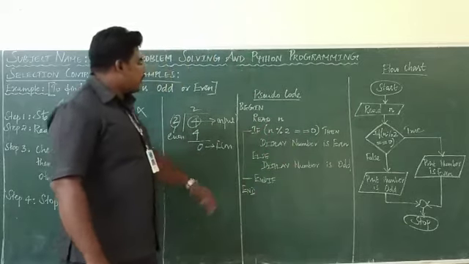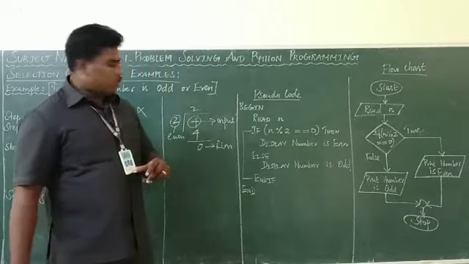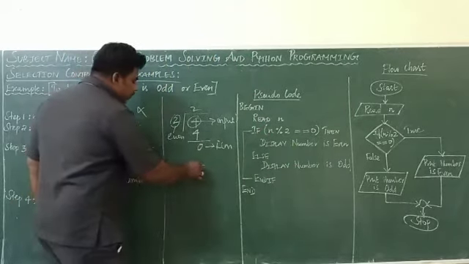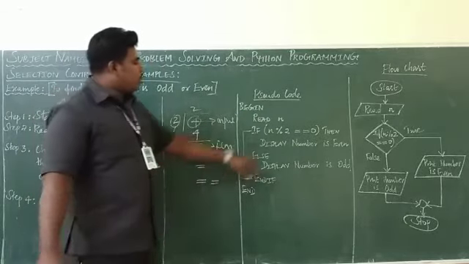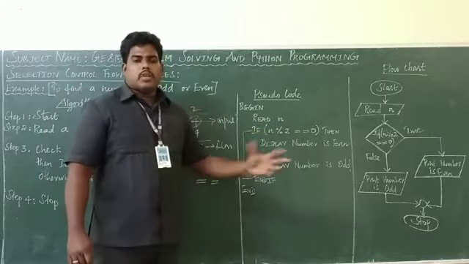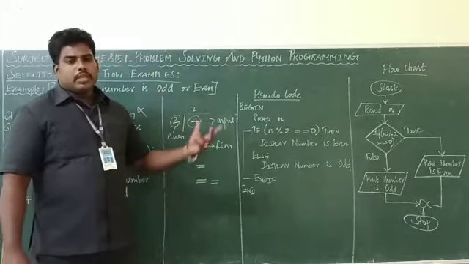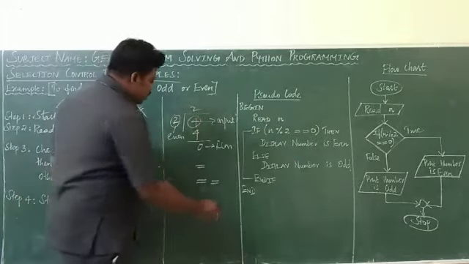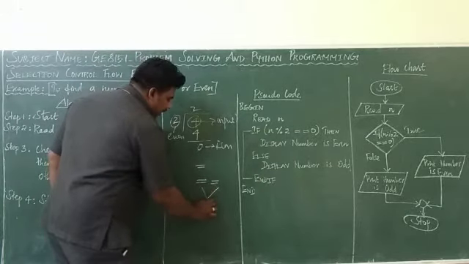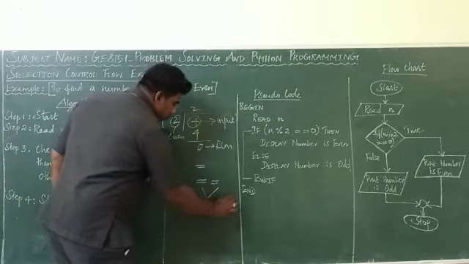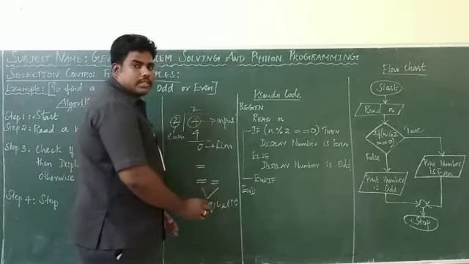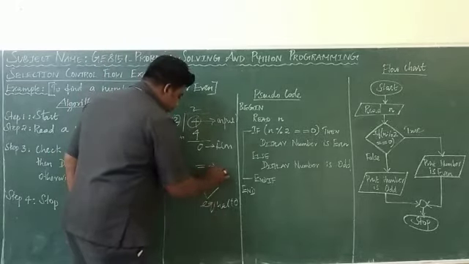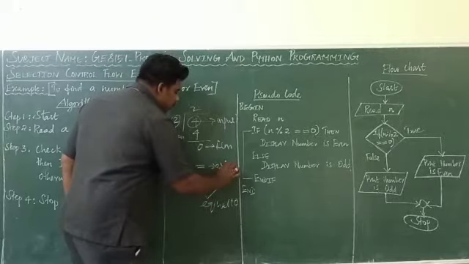The same thing I am going to write in the form of pseudocode. One more thing you have to know: what's the difference between single equal to and double equal to? Actually, you are using double equal to here, right? In all programming languages, this double equal to is called equal to, and this single equal to is called assignment.